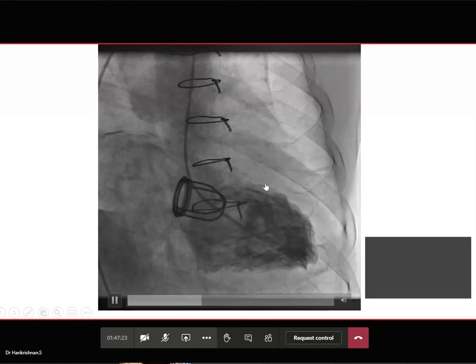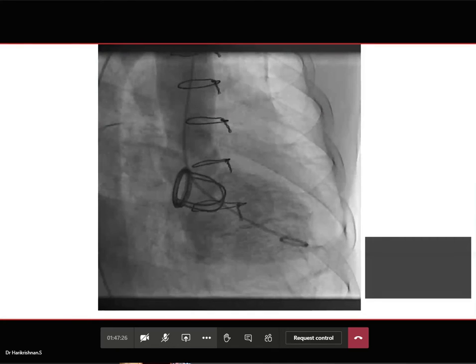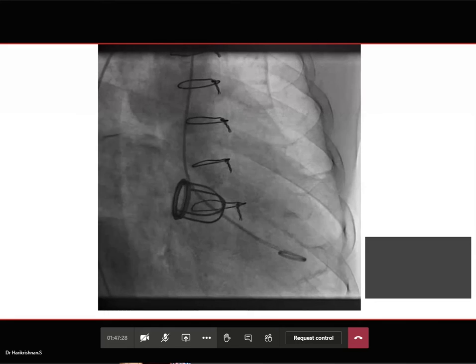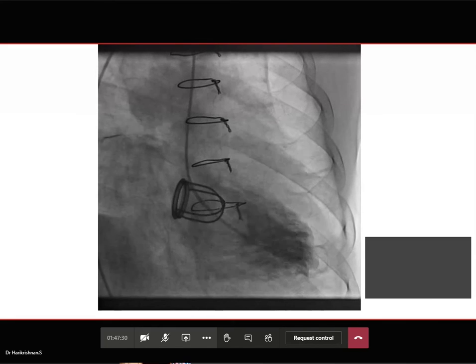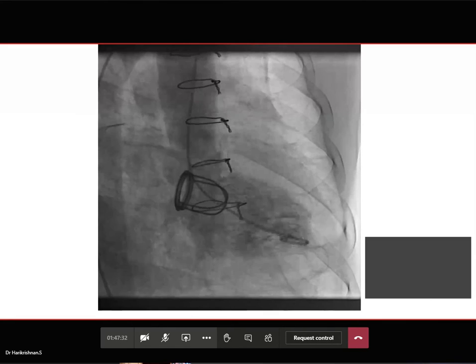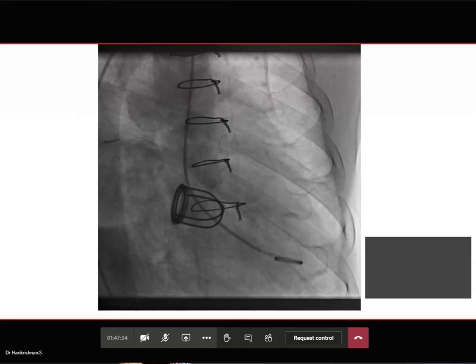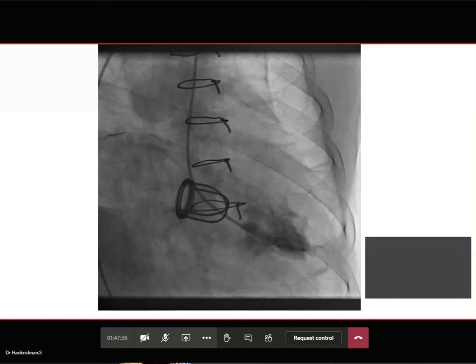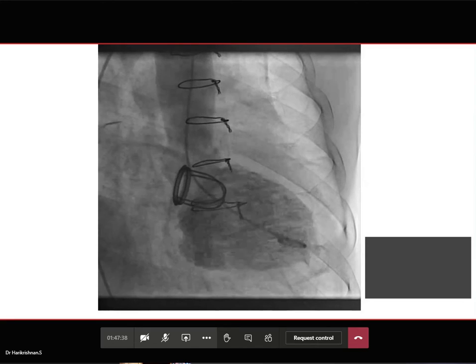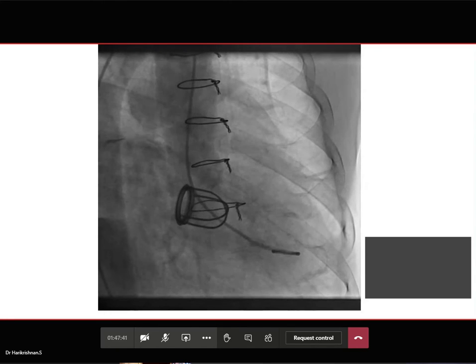So what is this? Can you see the angio now? Yes, sir, we are able to see. Now how would you describe this angiogram? You have to tell me the etiology of this patient.